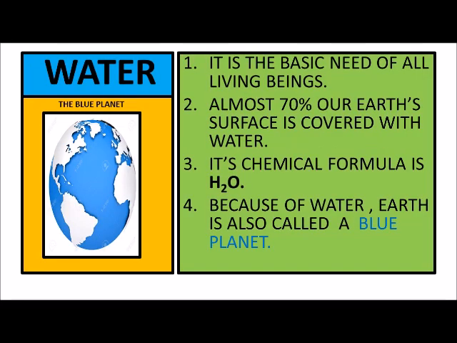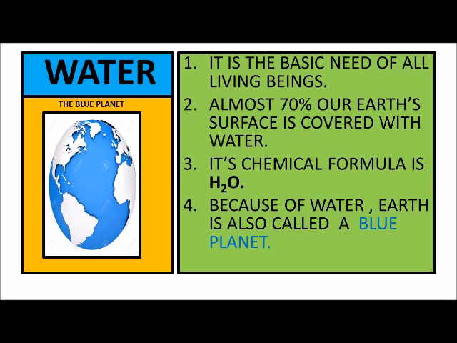So, as you all know, water is one of the basic needs of all living beings, including humans. We need water for drinking, cooking, and so many things. Also, we should know a few facts related to water. As you know, our planet is Earth. Its surface is almost 70% covered with water.